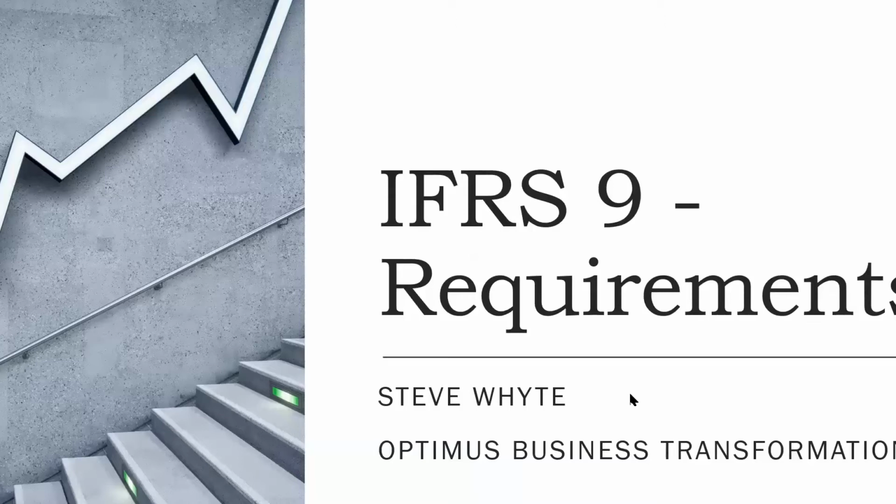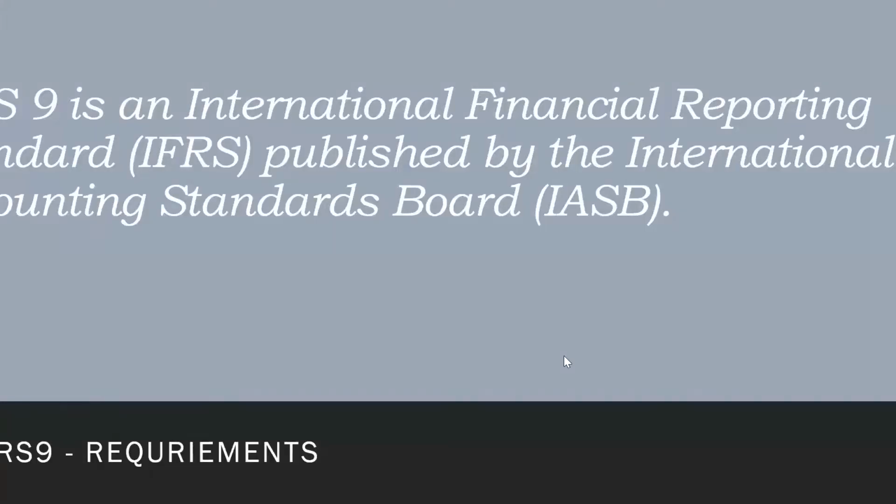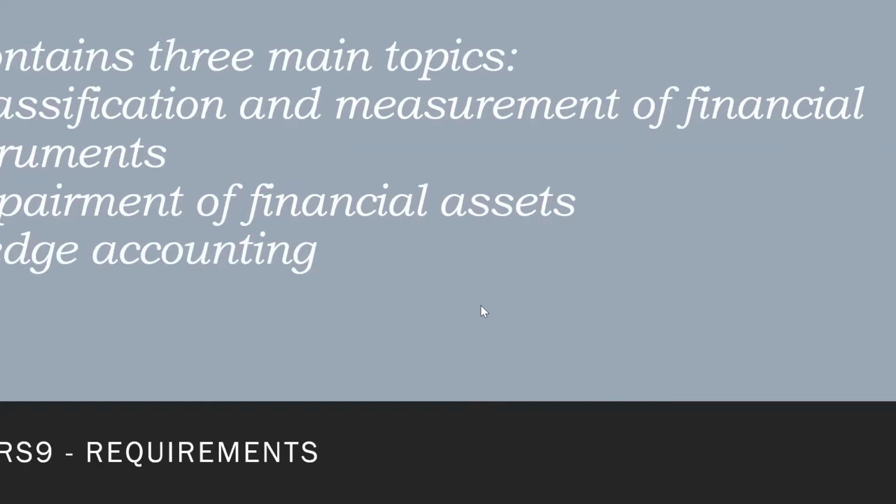So IFRS 9, what is it? What is it all about? And the requirements associated with IFRS 9. Well, IFRS 9 is an International Financial Reporting Standard, that's the acronym IFRS, published by the International Accounting Standards Board, the IASB.